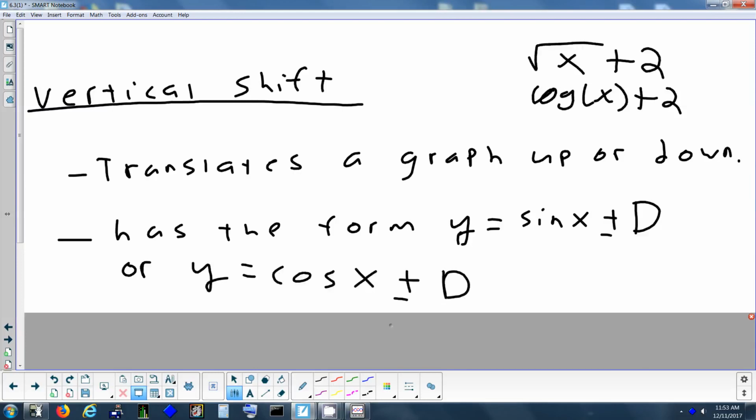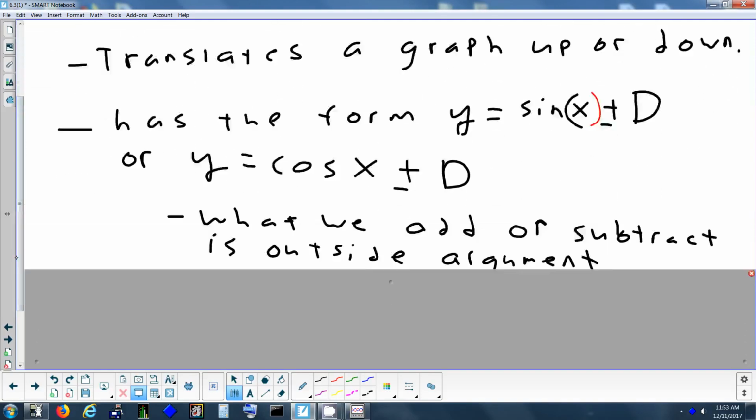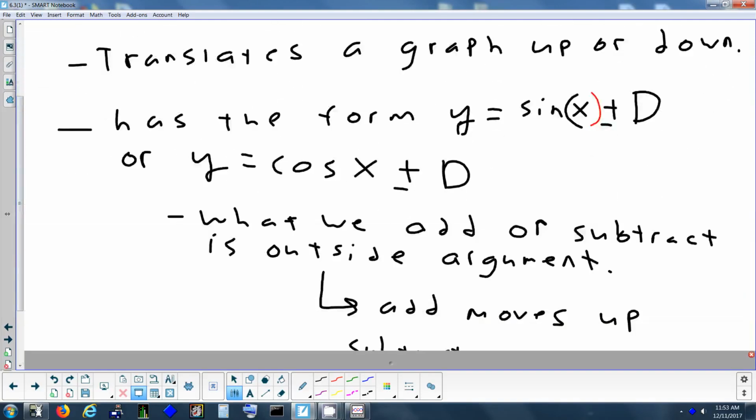What's the difference, though, between a vertical shift and a phase shift? No parentheses. Well, I got parentheses in that one. It's outside. Exactly. It's outside the parentheses. That's the key. It's at the end, and it's outside of parentheses. So even if they throw parentheses in like this, that's still a vertical shift. It's outside parentheses.